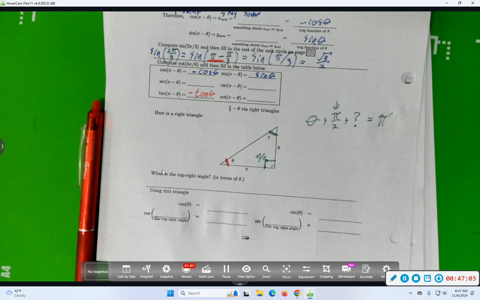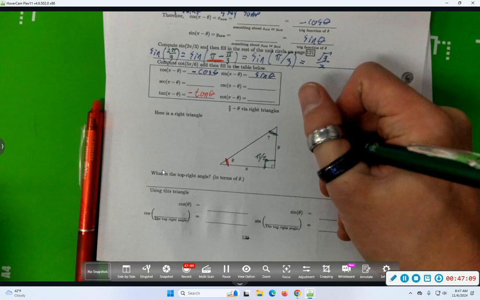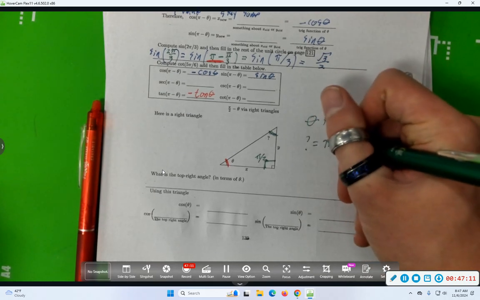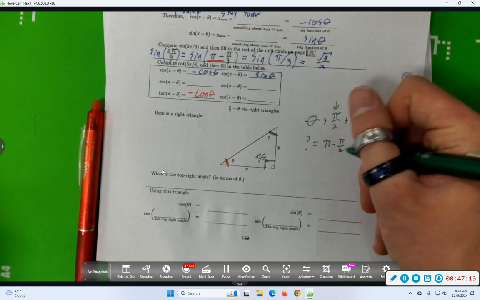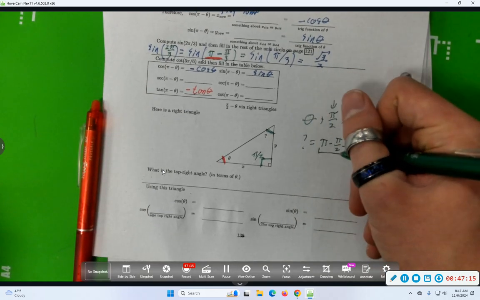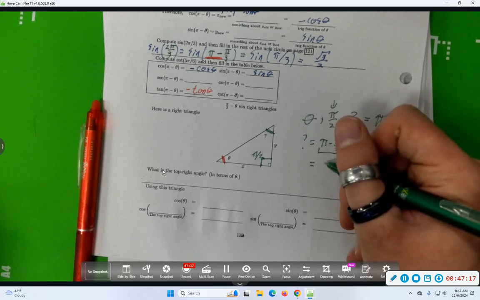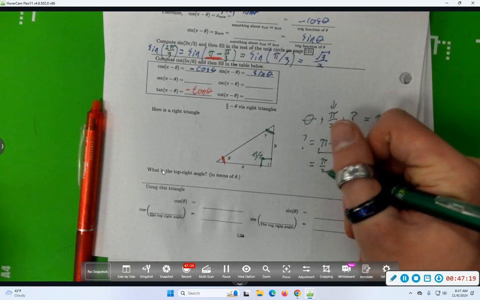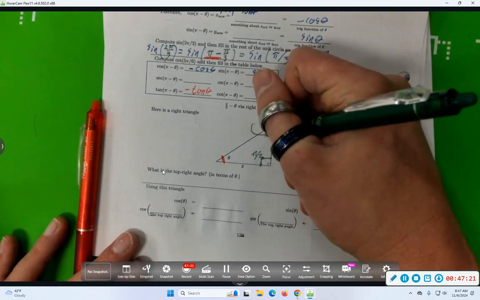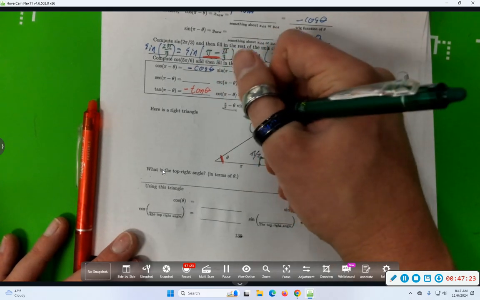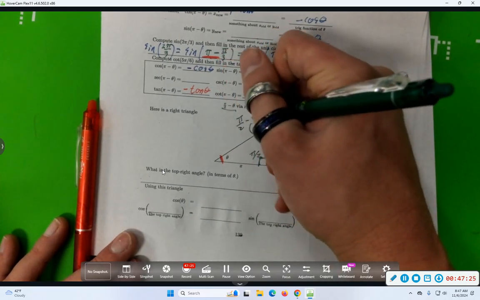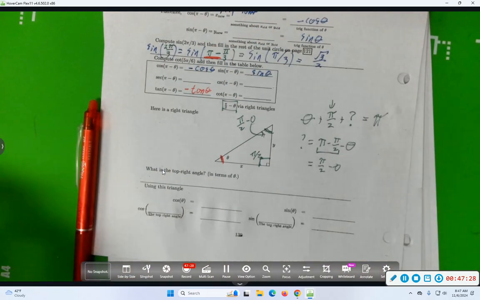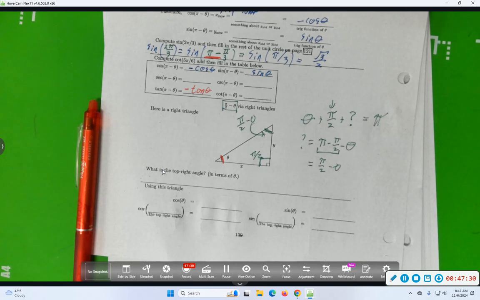So I need to subtract all that stuff to the other side, except for the question mark. Question mark equals pi minus pi over 2 minus theta. Don't know what theta is, so I can't simplify it, but I can simplify that. So this missing angle is pi over 2 minus theta, which is why this triangle is relevant to think about pi over 2 minus theta.